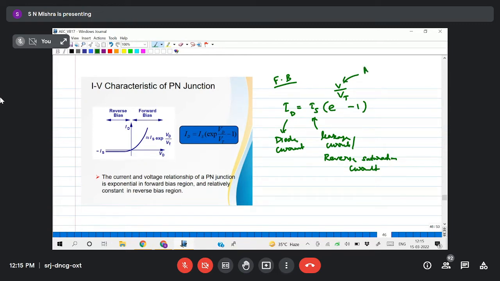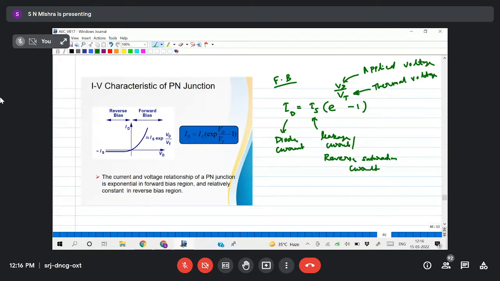Here it is written Vd, so you can also take Vd. And Vt, do you remember what is Vt? It is a constant and the value I have told you, 26 millivolt. It is the thermal voltage.